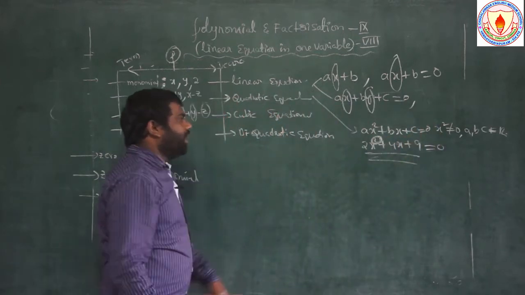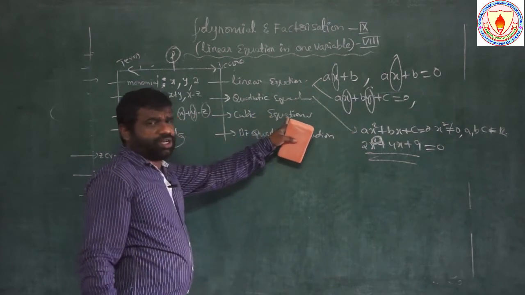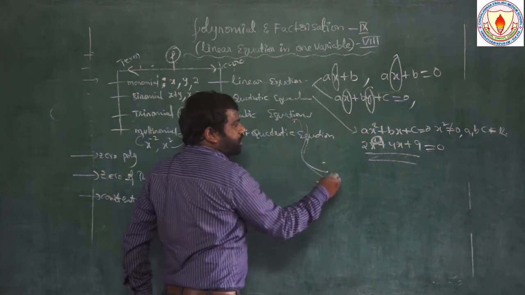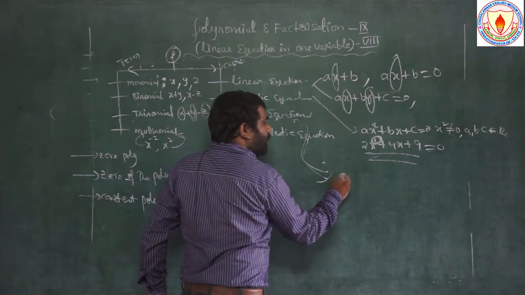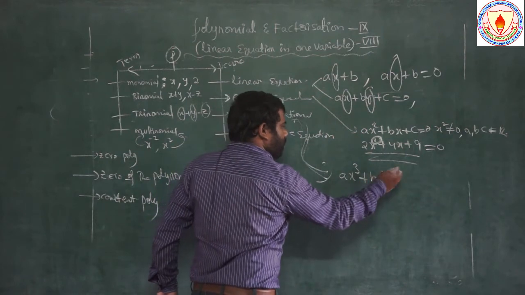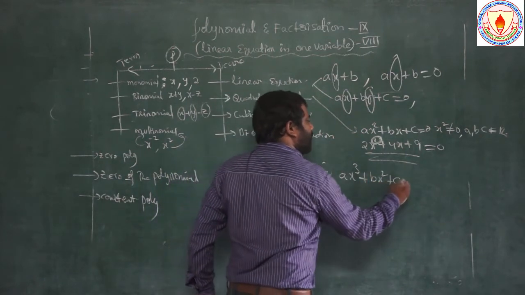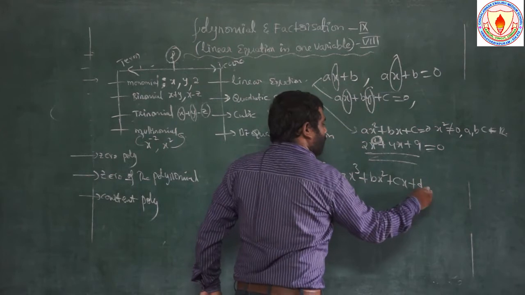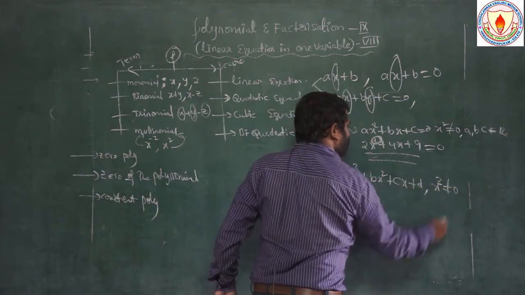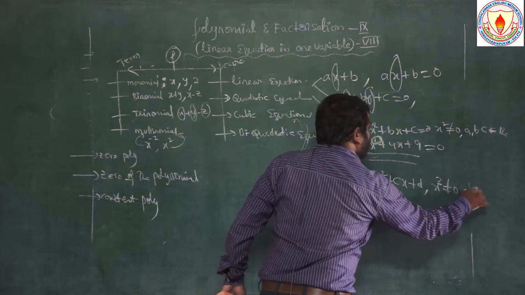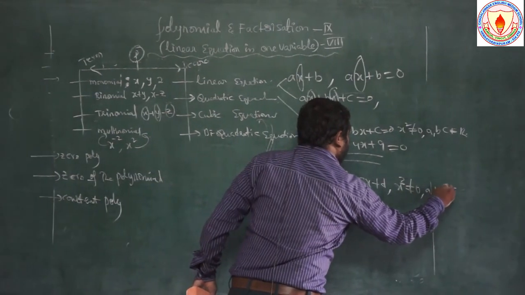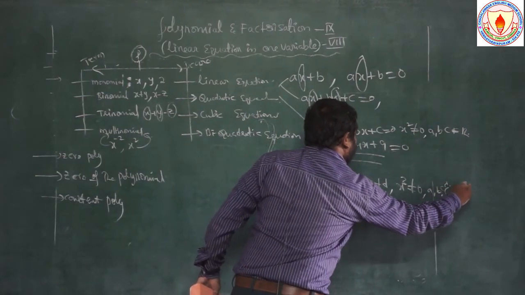Okay? Next, cubic equation. Cubic equation: ax cube plus bx square plus cx plus d, where x cube is not equal to 0 and a, b, c, d belong to real numbers.